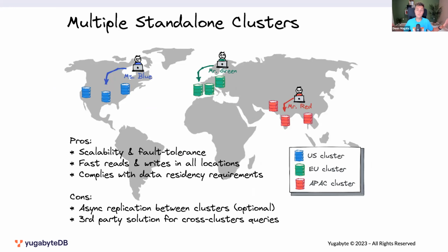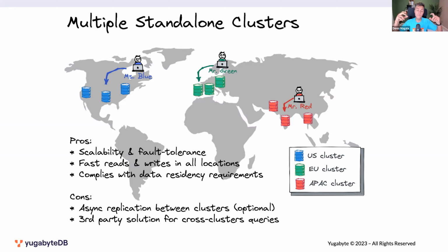Also, if, for instance, you are already at the stage when you have a global user base and you want to boost both reads and writes, regardless of the user location, then one of the standard deployment options that is supported by many databases, you can run standalone clusters of YugabyteDB. But here is a trade-off: if you need to synchronize data between those clusters, then it's going to happen asynchronously.